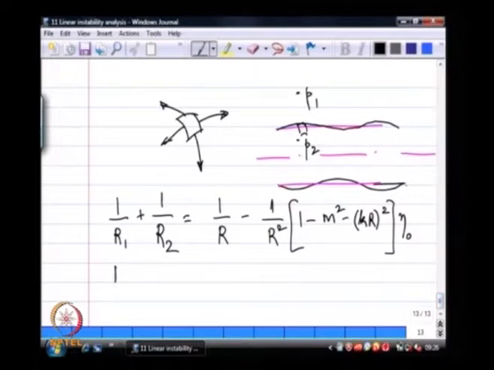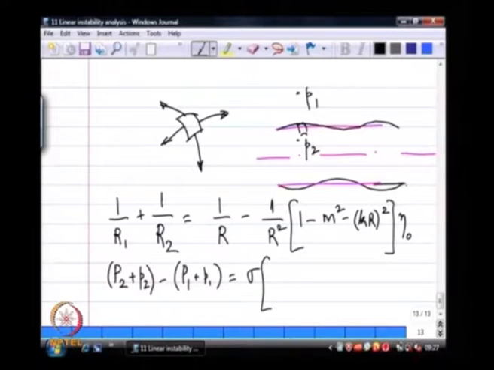So, if I write the complete equation, the total pressure in fluid 2 minus the total pressure in fluid 1 has to equal sigma times 1 over R1 plus 1 over R2.